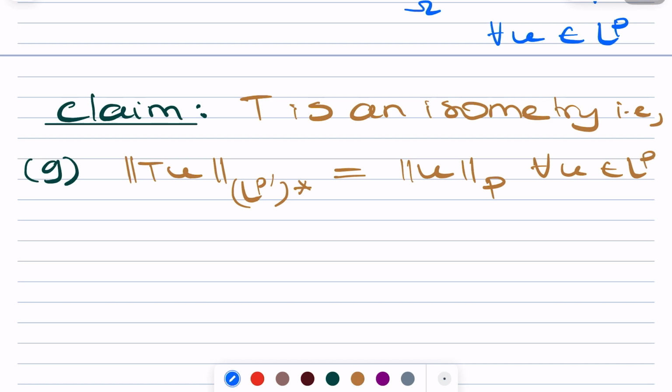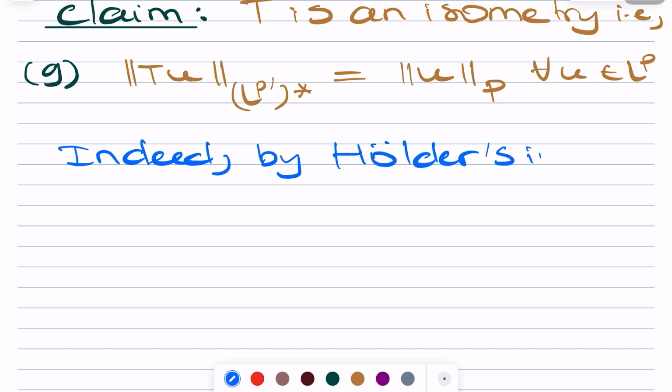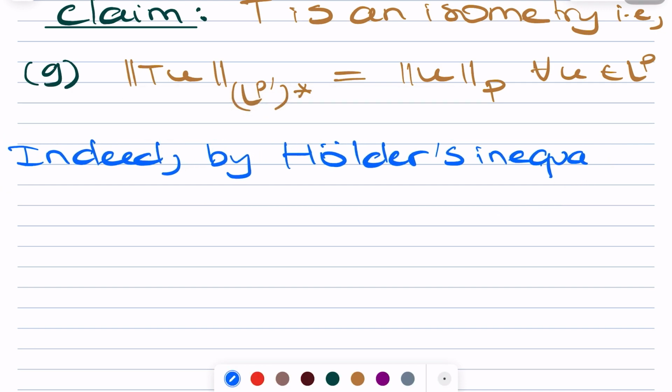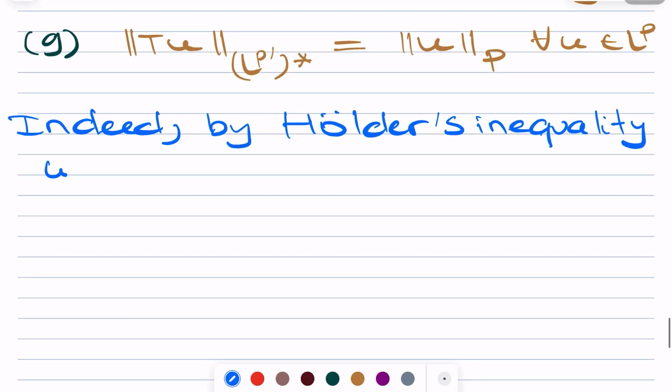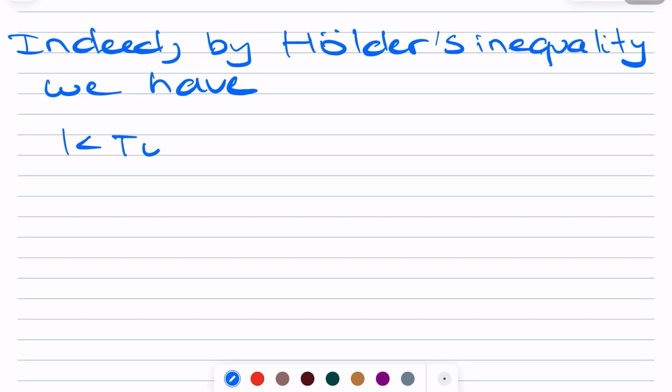Indeed, by Hölder inequality we have that the absolute value of the dual pairing between Tu and f is equal to the integral of uf d mu.